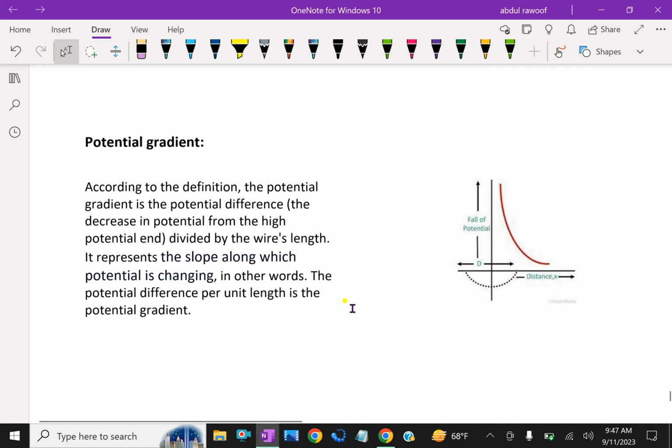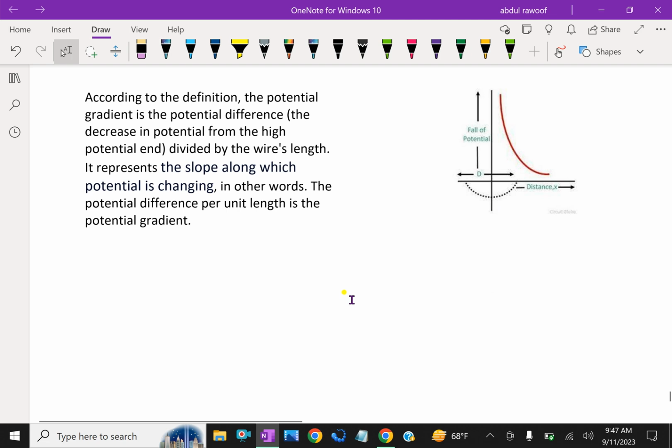What is potential gradient next? According to the definition, the potential gradient is the potential difference, that is decrease in potential from the high potential end, divided by the wire's length. It represents the slope along which the potential is changing. In other words, the potential difference per unit length is the potential gradient.